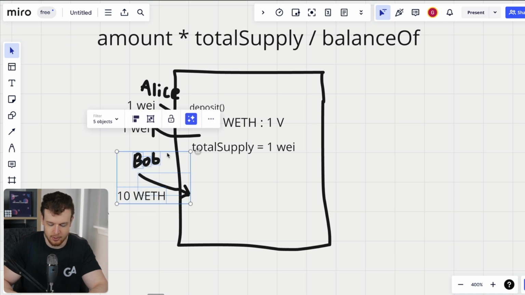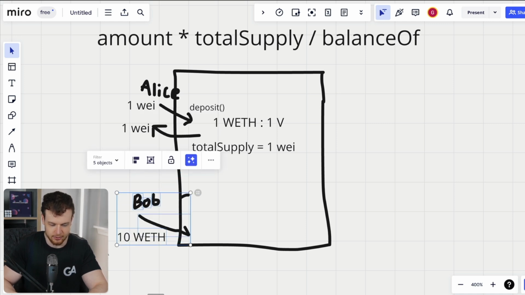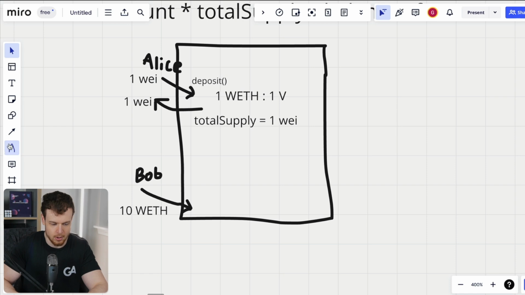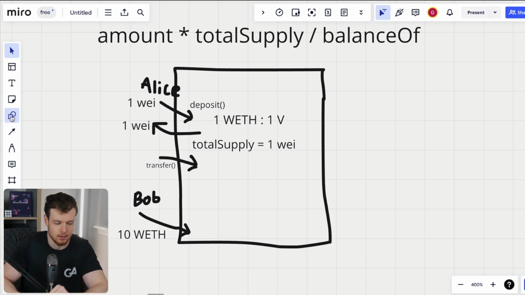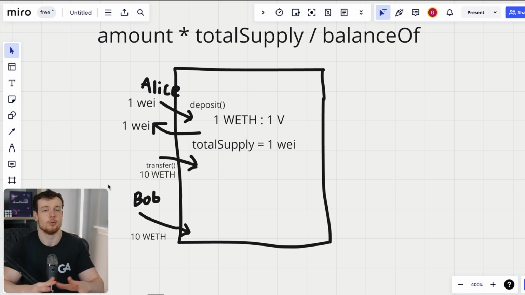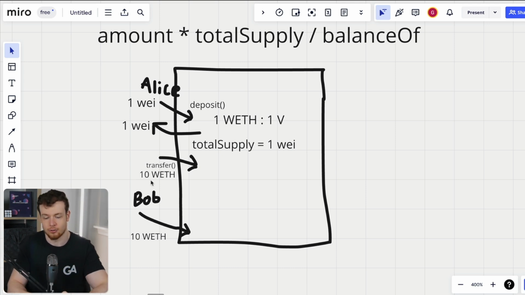So we will continue to move Bob's transaction down here, and Alice is going to do 1 more interaction, and she's going to transfer. So Alice transfers in 10 wrapped ether, and she doesn't receive any vault tokens or get any remuneration for doing this immediately because she didn't call the deposit function, right? So she's not going to get minted any vault tokens, but she did increase the balance of this contract.